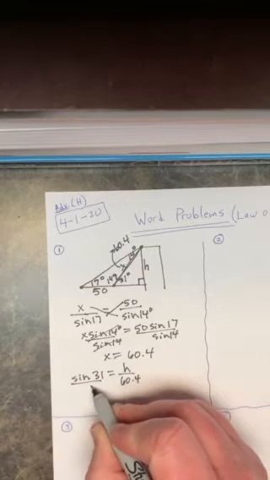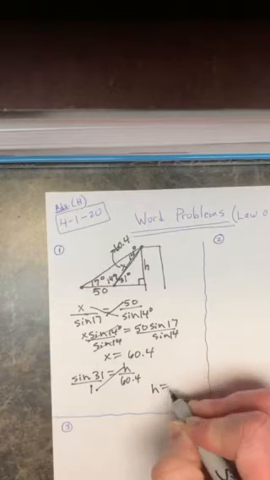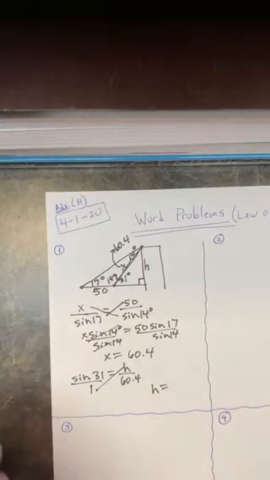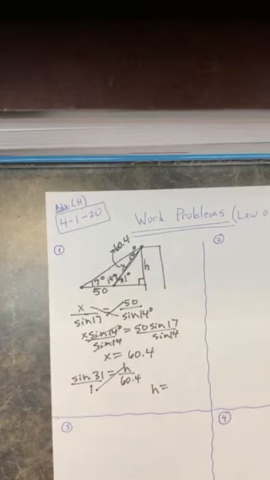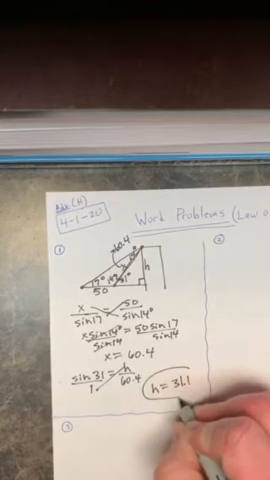Since he's understood to be over 1, I'd cross multiply and end up getting h equals, of course, all we're doing on our calculator is pushing 60.4 times the sine of 31. Go ahead and do that on your graphing calculator. And I'm getting a height of 31.1 to the nearest tenth.